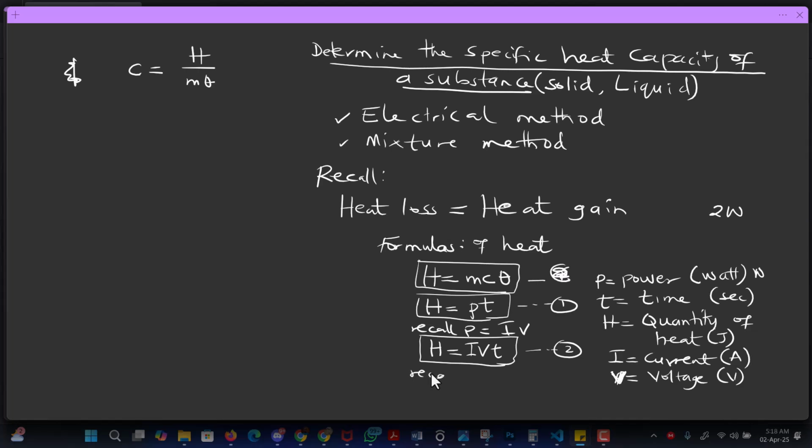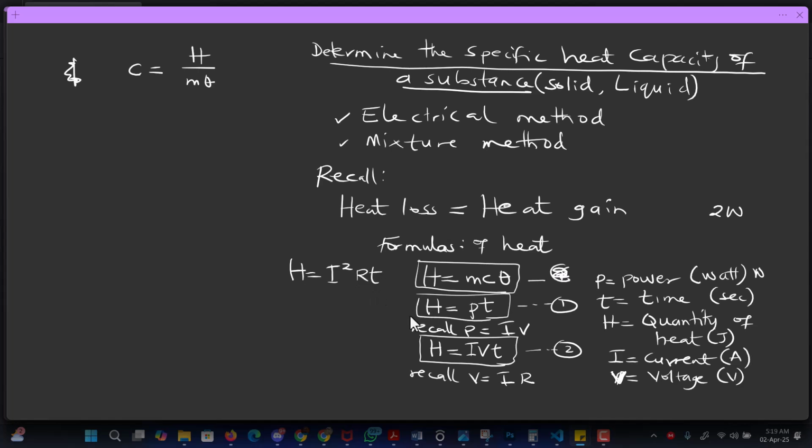So what will I recall this time around? I'll recall, according to Ohm's law, that V is equal to IR. Since V is equal to IR, I'm going to remove this V here and replace it with IR. So which means that H is equal to IR times I times T. I times I will give me I squared, then RT.